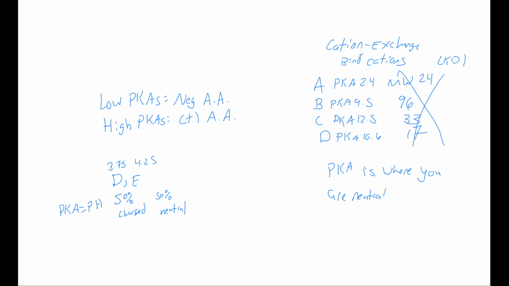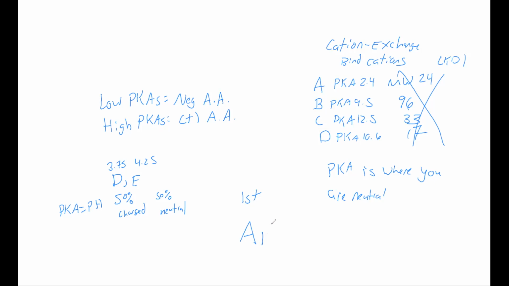So in cation exchange, then, we are binding cations. So the first thing to come out of this column would be protein A. That's the first to elute, because it's all negative, right? Very negatively charged. So it's not going to bind to the column that strongly.